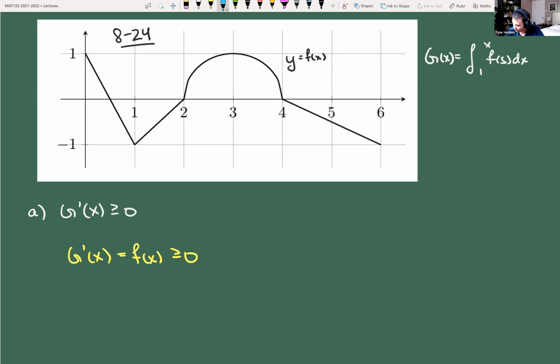Well, that to me looks like from 0 to a half, and then from 2 to 4, union like that. Everyone see that? Is everyone okay with it?